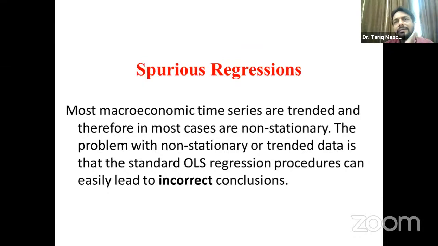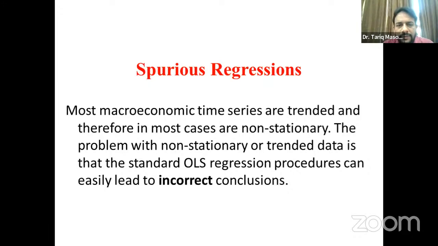The only thing is that we have to remove the stochastic trend by taking differences. If the order of integration is 1, if there is 1 unit root, we have to take 1 difference of the variable. If the order of integration is 2, we have to take 2 differences.